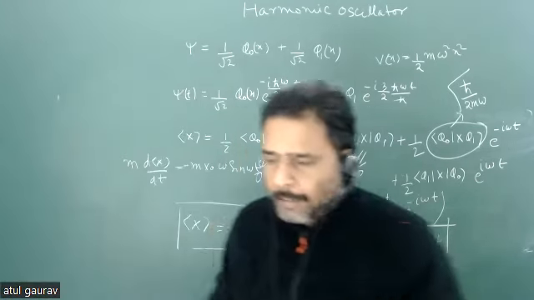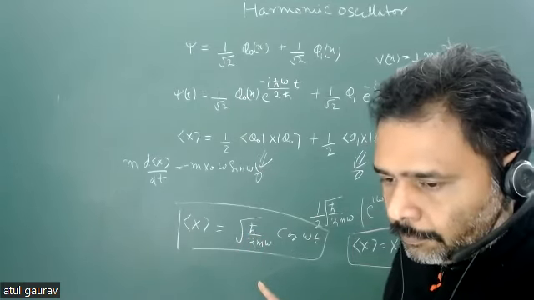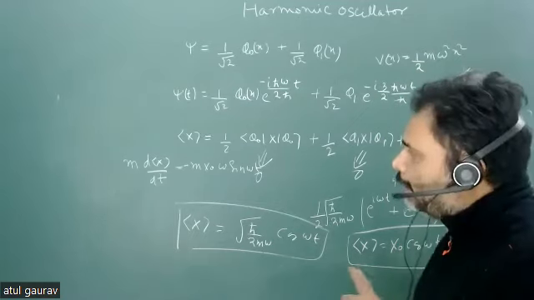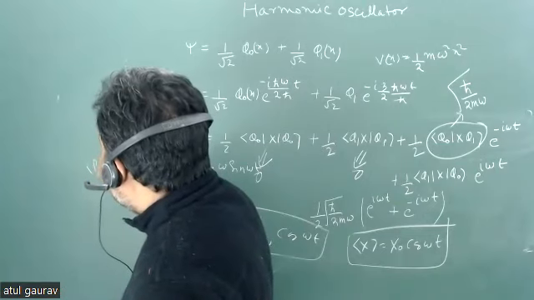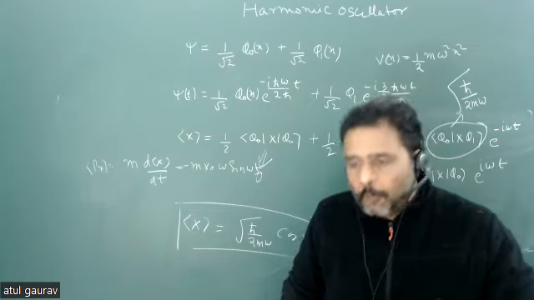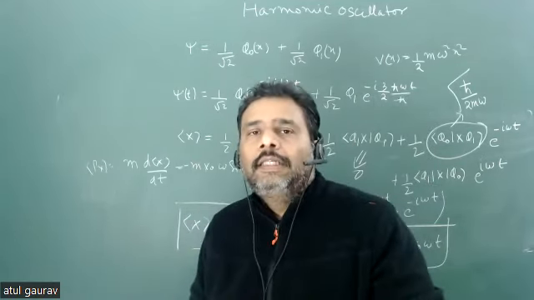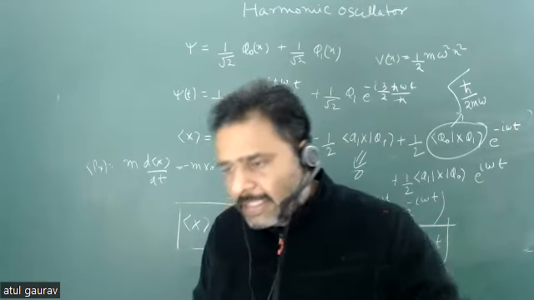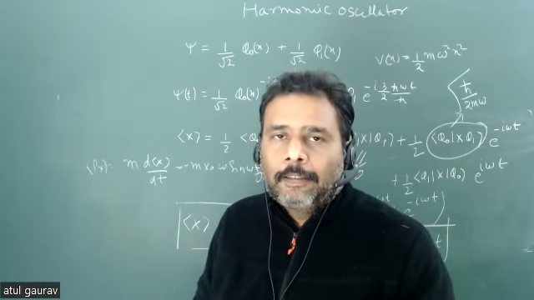Is everything okay from my side? Yes, sir. Is it understandable? And this is the behavior of the average value of momentum. So whenever you are talking about the average value, you are actually talking about the particle on average, classically, what has happened to this particular particle.